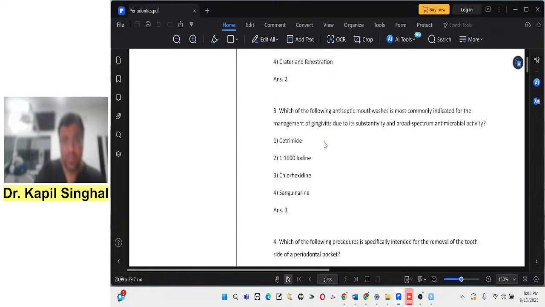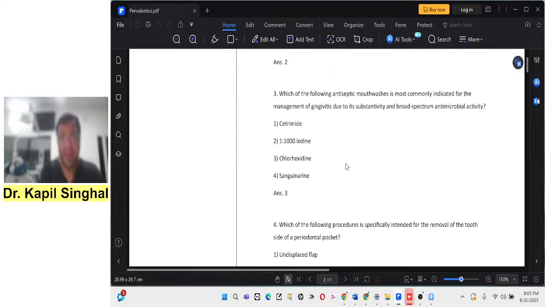Next question is: which of the following antiseptic mouthwashes is most commonly indicated for the management of gingivitis due to its substantivity and broad spectrum antimicrobial activity?